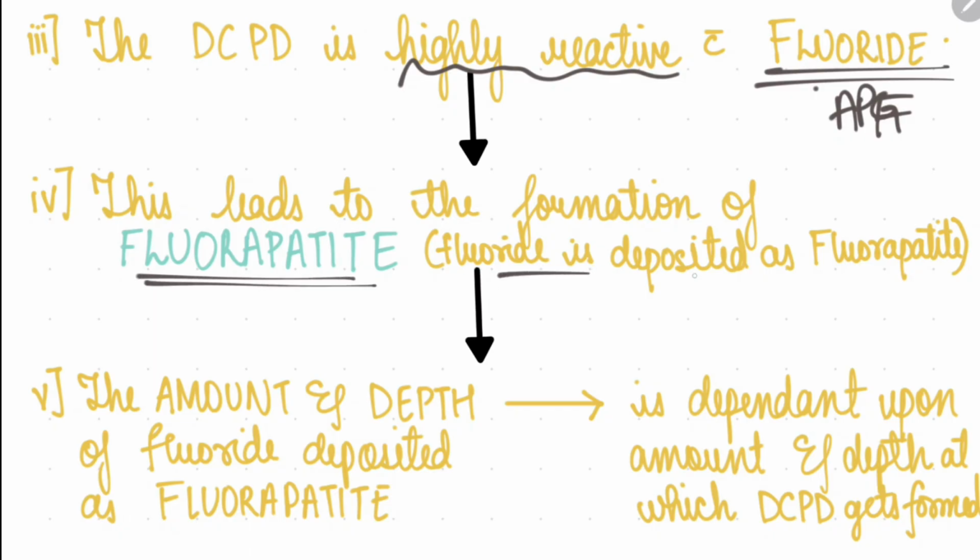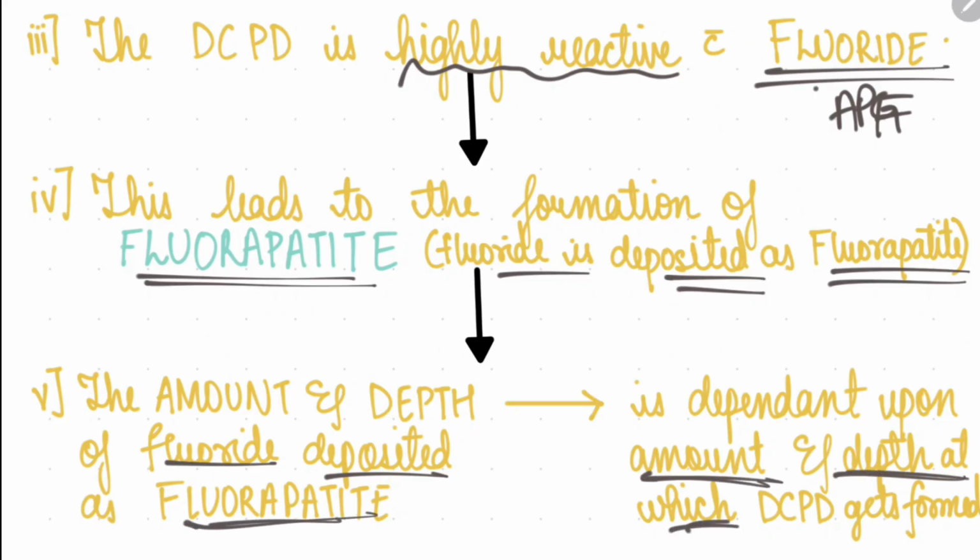In this way, the fluoride is deposited on the enamel as fluorapatite. Now how much fluoride is deposited and to what depth the fluoride is deposited as fluorapatite depends upon the amount and depth at which dicalcium phosphate dihydrate gets formed. This is very simple to understand.